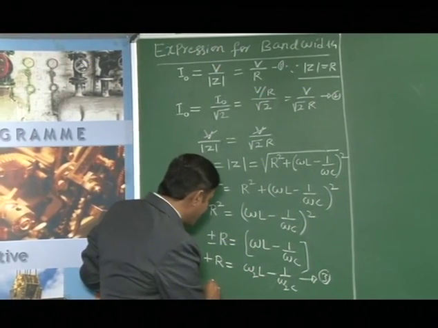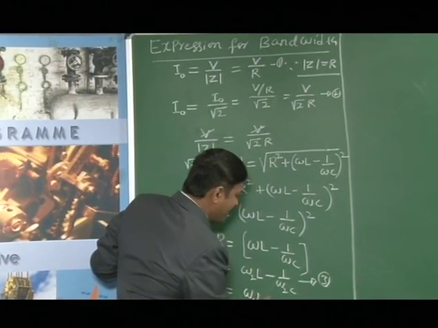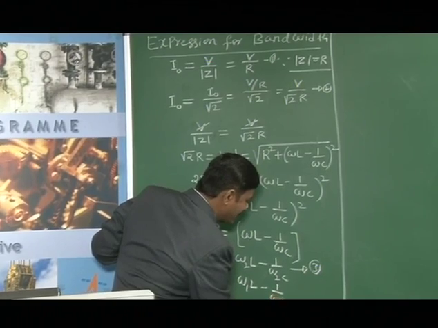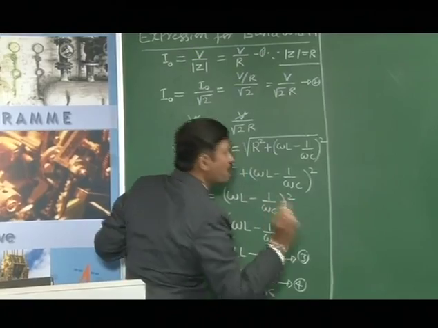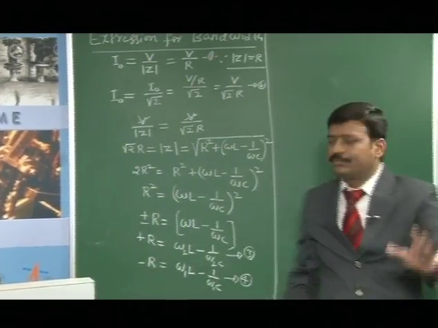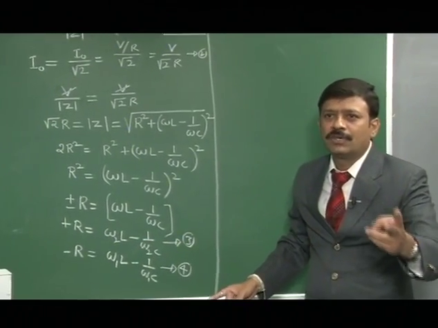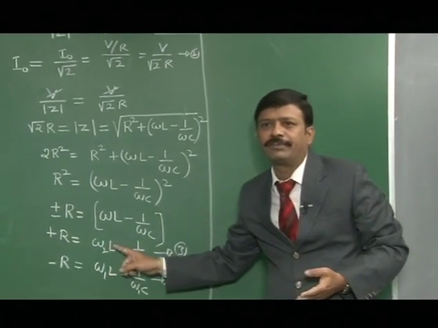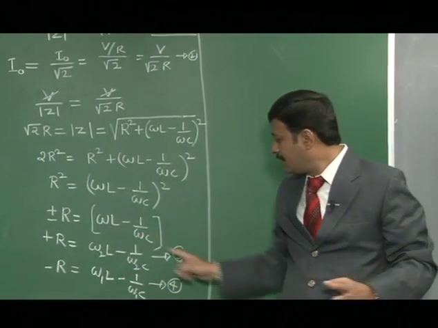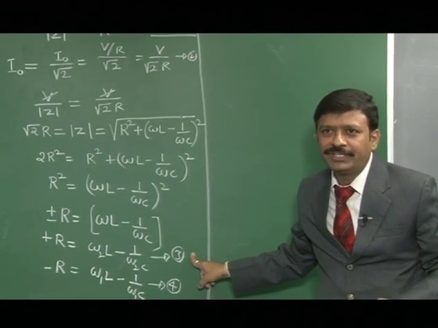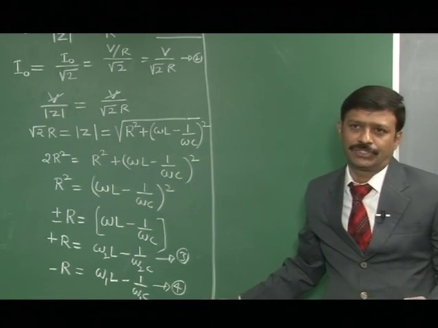Similarly, the minus R expression is omega 1 L minus 1 by omega 1 C. This you call equation number 4. So, with this plus or minus R, I have formed two expressions, one for the higher cutoff frequency and another for the lower cutoff frequency. For plus R, it is inductive. At this point, it is an inductive circuit, and at this point, it is capacitive in nature.